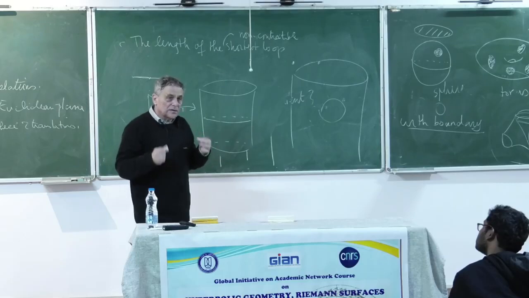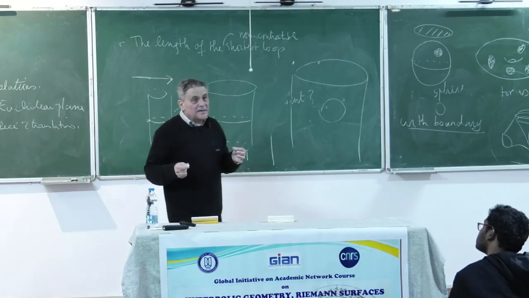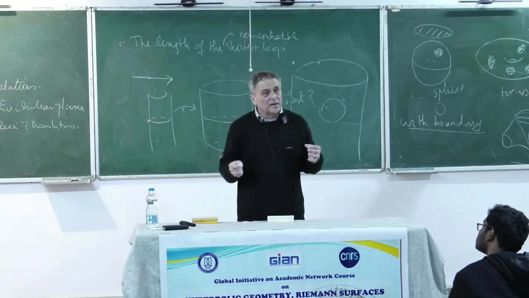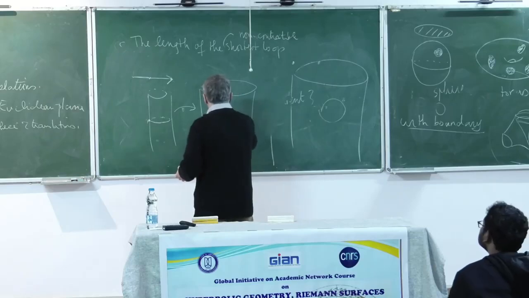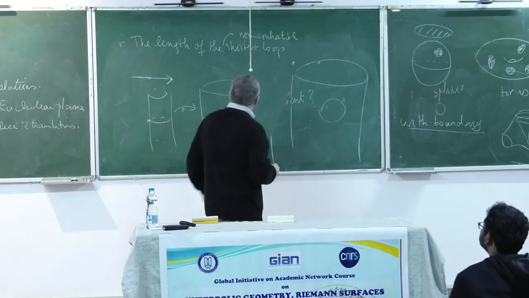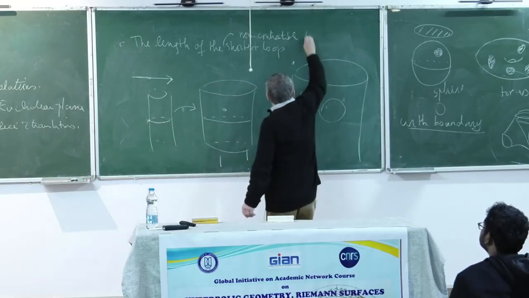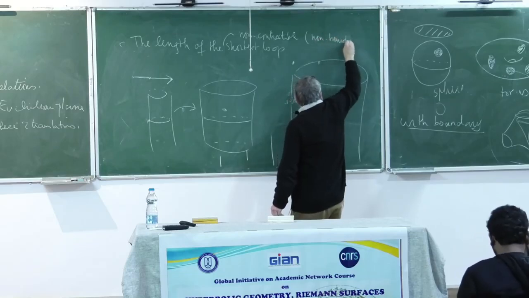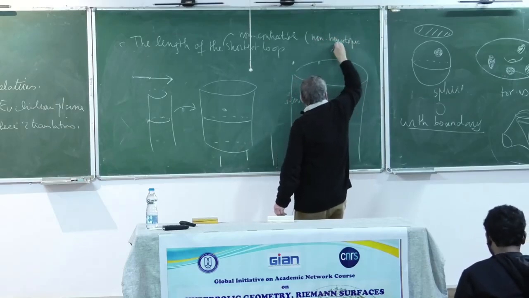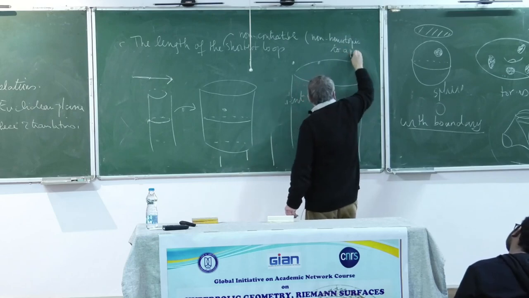The length of the shortest non-contractible loop is an isometry invariant. If I say simply the length of the shortest loop, then its length will be 0 here. You see, this is the shortest loop. So, non-contractible, that is, non-homotopic to a point.